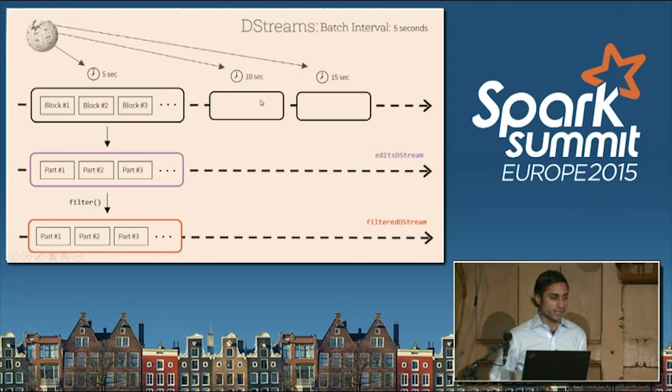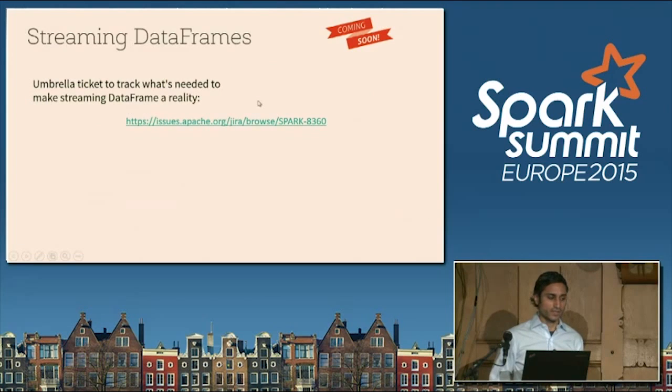That's what the difference is. In Spark Streaming, we have to initialize our DAG. We have to set up the directed acyclical graph with the chain of transformations before we start processing our stream. And I wanted to mention that data frames are coming to Spark Streaming soon. Maybe by the end of the year, or maybe early next year.